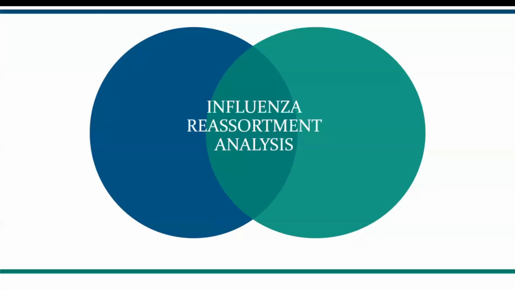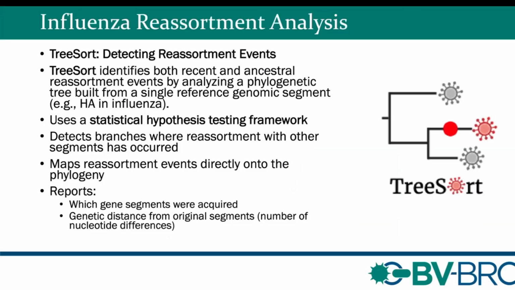Thinking about influenza reassortment analysis, first I want to ground us in what TreeSort is and does. TreeSort detects reassortment events by identifying both recent and ancestral reassortment events by analyzing phylogenetic trees built from a single reference genome segment. For example, you could use HA in influenza, but you could use whatever segment you might be interested in.